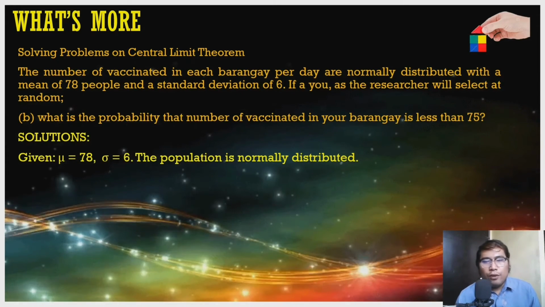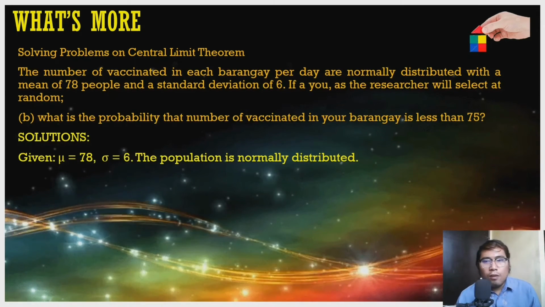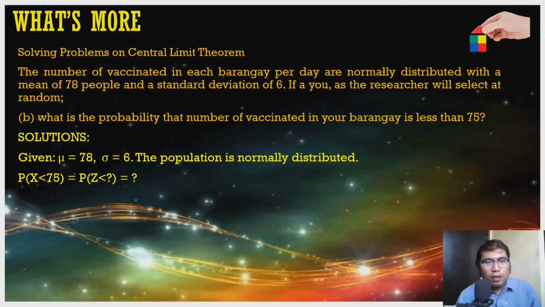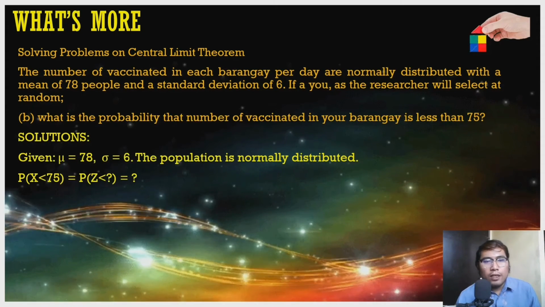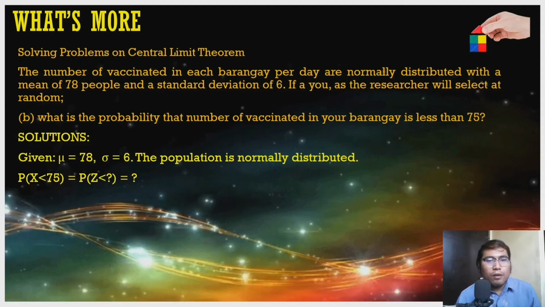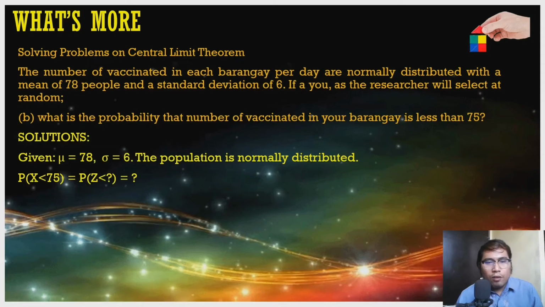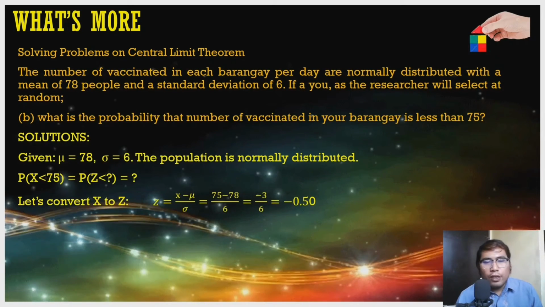So therefore, the probability of getting x less than 75 is equal to the probability of getting z less than the unknown, which we are going to solve for. Okay, so using the z formula, let's convert the x into z.